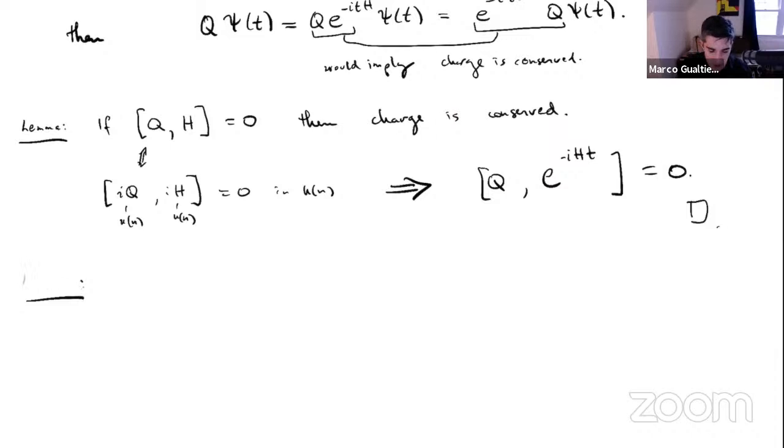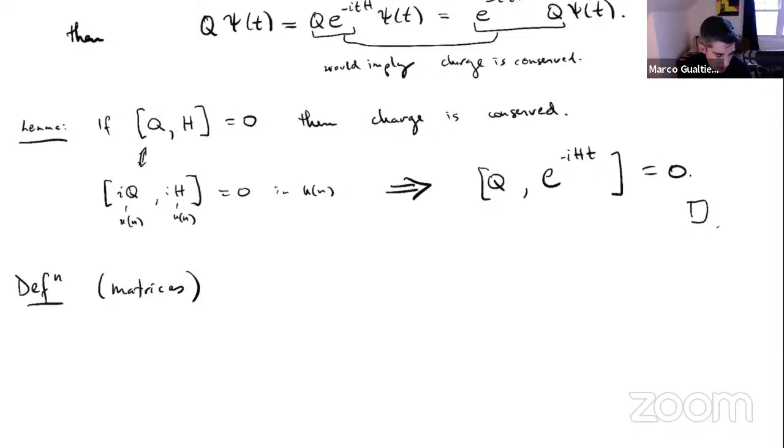So let me just give some definitions. If we have a matrix, and let's assume that we're in matrices, just to avoid talking too formally about Lie algebras and Lie groups.